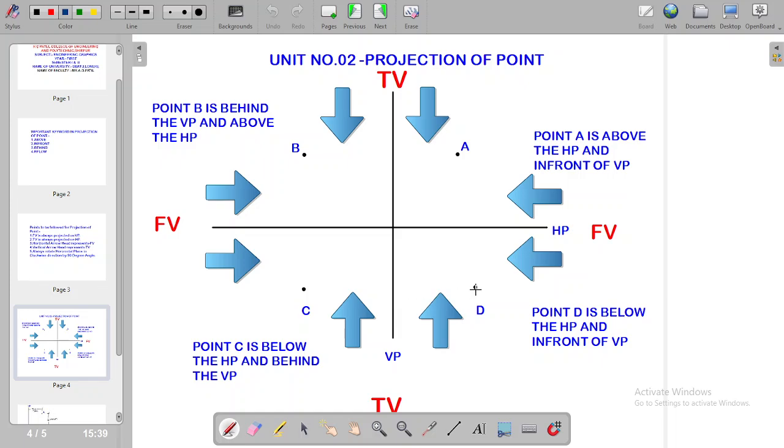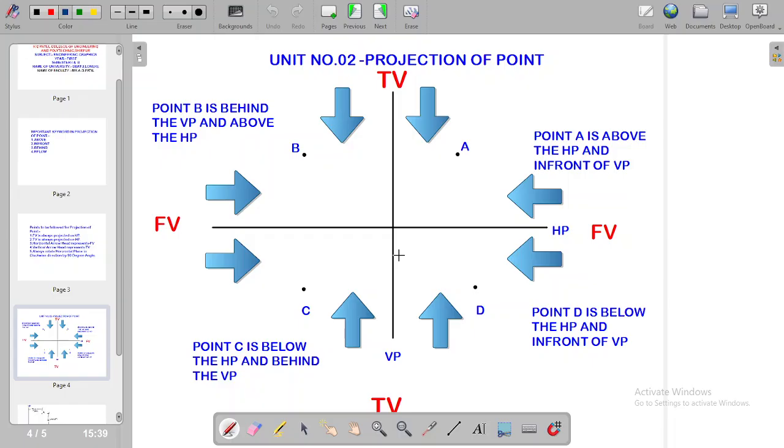Next, what I have done is drawn the arrowheads. The arrowheads' direction is toward the plane in every case.